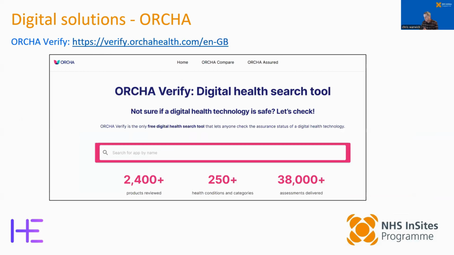They also have a different database called ORCA Verify, where you can identify whether a product has been tested already by ORCA, and is it safe? Is it safe from a digital perspective? Has it gone through the DTAC process to look at data security, data protection, cyber security, and so on?